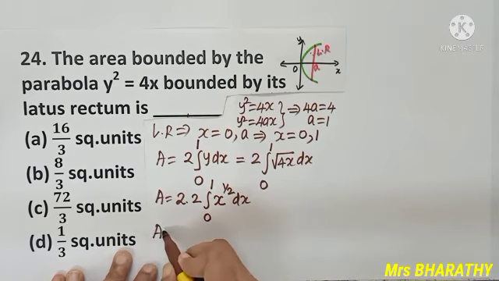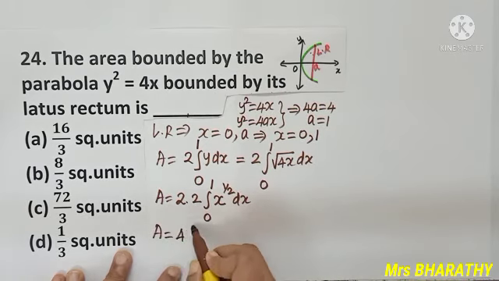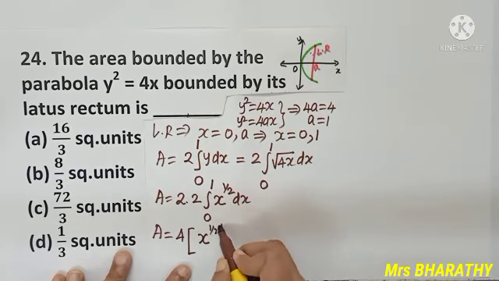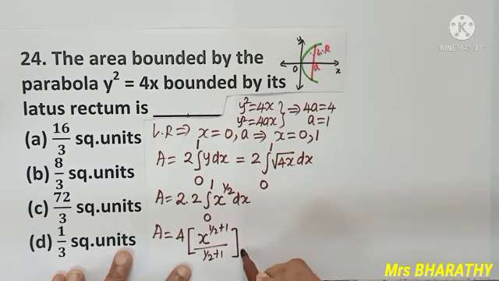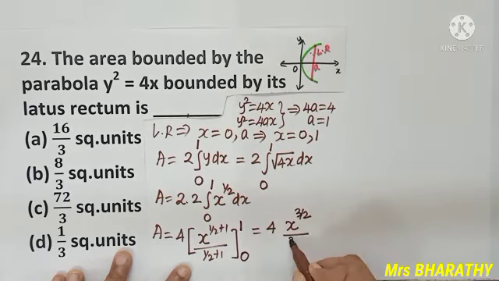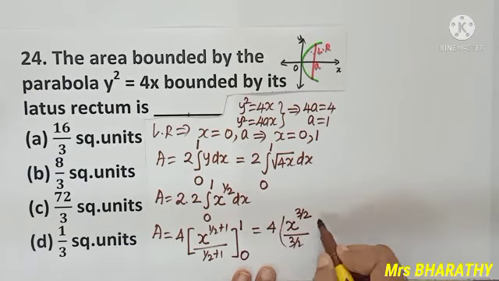As I integrate, 2 into 2, 4, x power half plus 1 in the numerator, and the denominator also half plus 1, between the limits 0 and 1. Half plus 1 is 3 by 2, and the denominator also 3 by 2, between the limits 0 and 1.